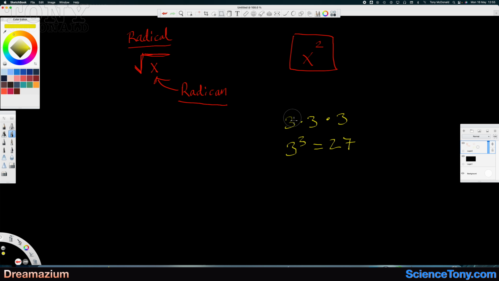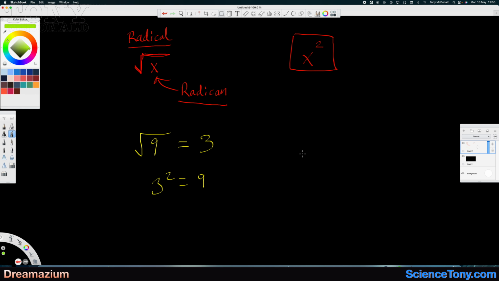We're just going to stick with the squares right now. So if we had the square root of 9, that would equal 3, because 3 squared equals 9, and this symbol here is just saying we want to take the square root of it.